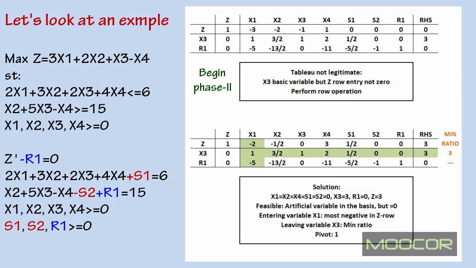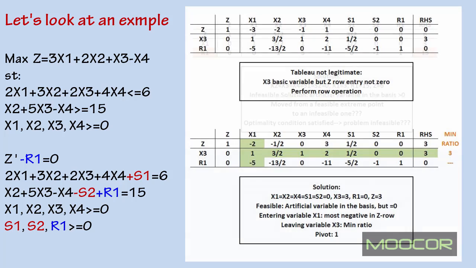I would rewrite the original objective function in a standard form in the tableau of phase 1, and then I would legitimize the tableau. Now this is a maximization problem, and the x1 entry in the z row is most negative, so I will enter x1. R1 is not a candidate because that has a negative value in that column.